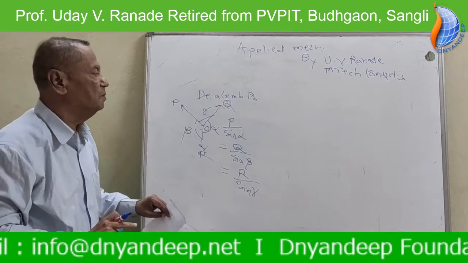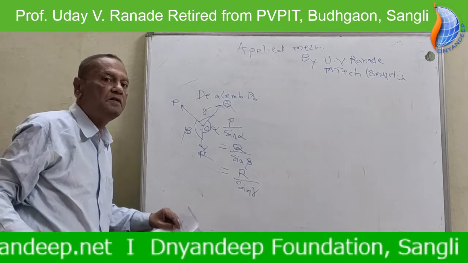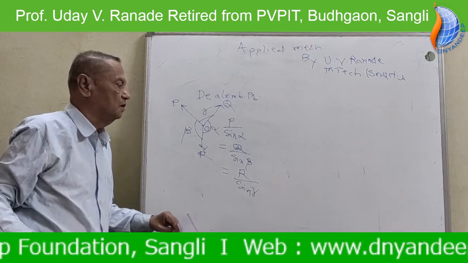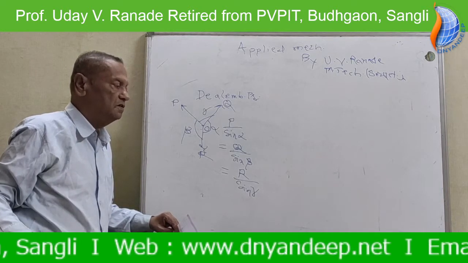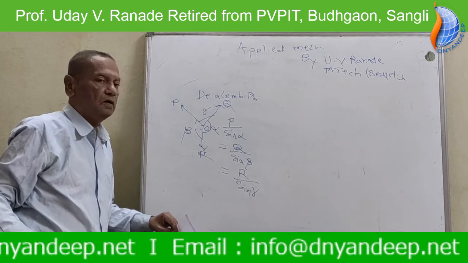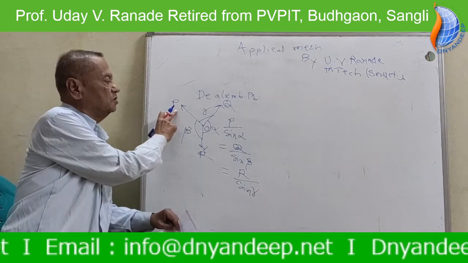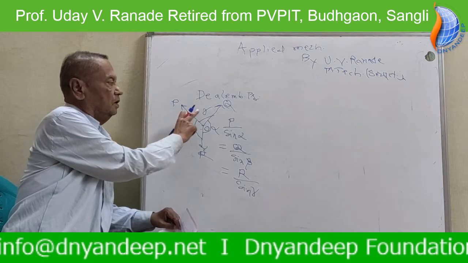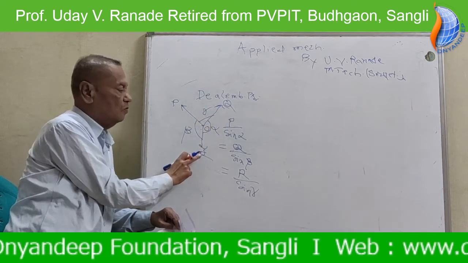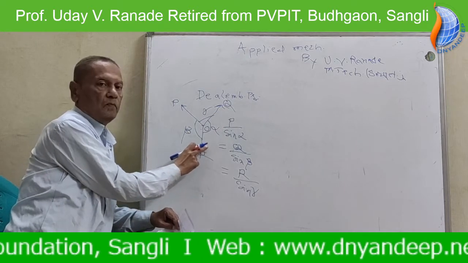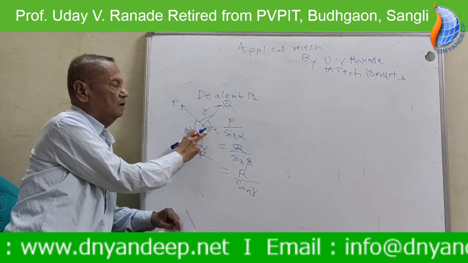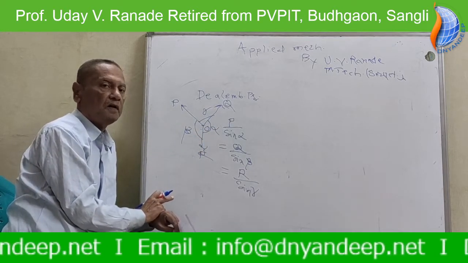Now this is Lami's principle. But what is its use? Suppose you are given force P and force Q, and you want to find the third force R, and the angles between these forces alpha, beta, gamma are given.